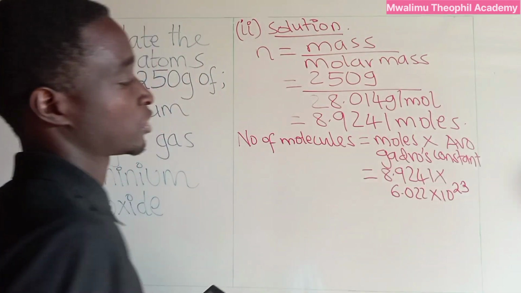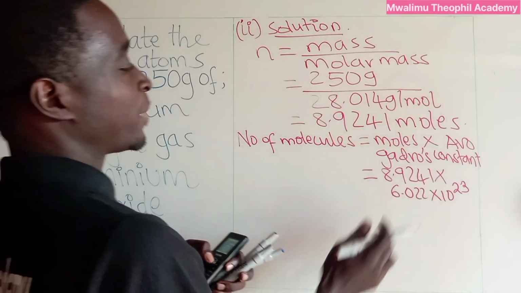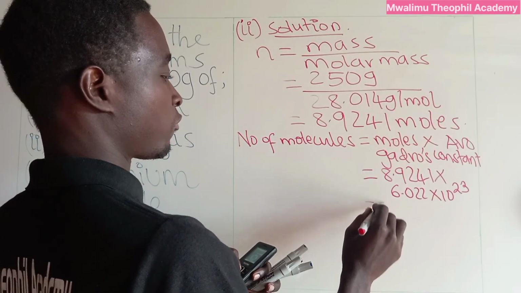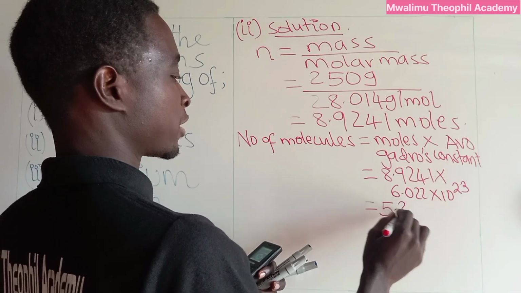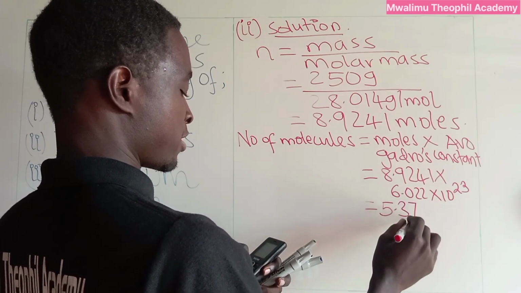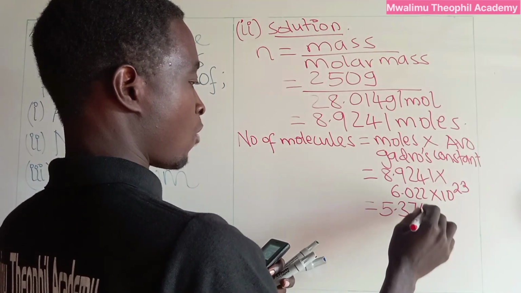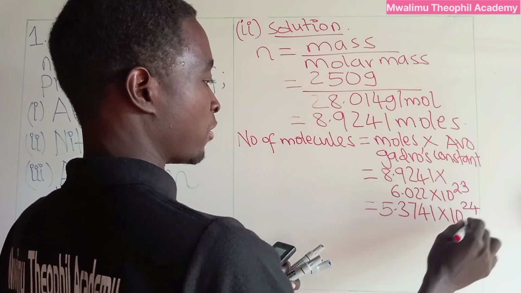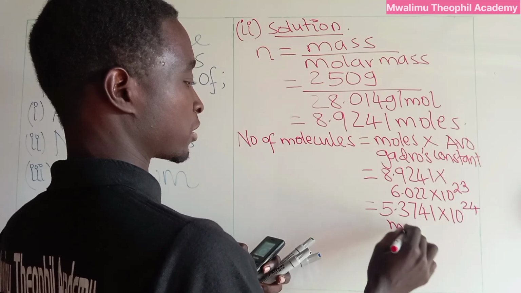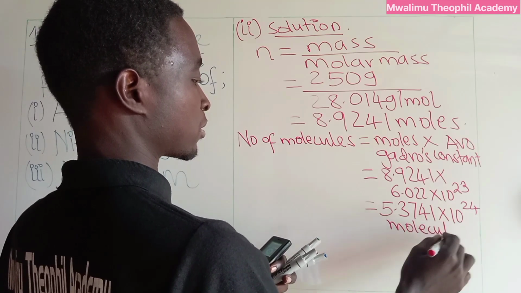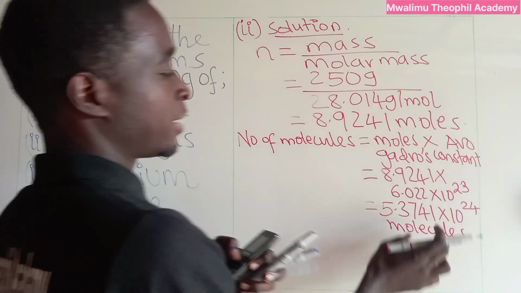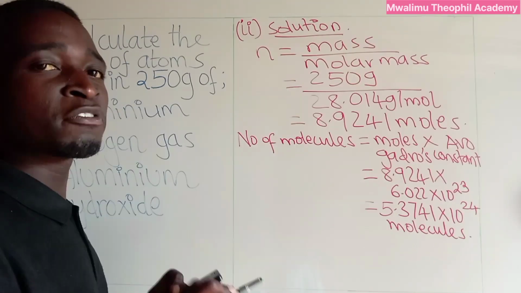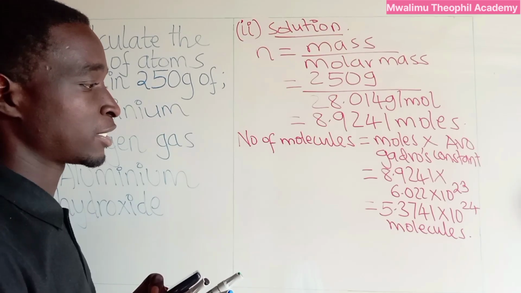These are molecules. After multiplying, we get the number of molecules equal to 5.3741 times 10 raised to 24 molecules. Now, this is the number of molecules present in 250 grams of nitrogen gas.